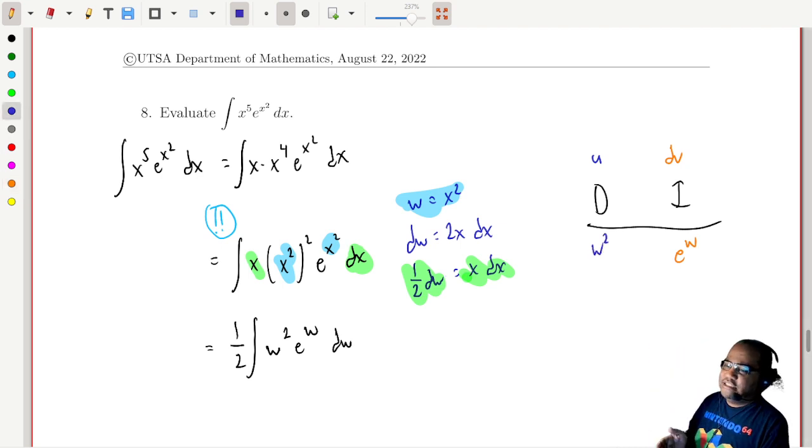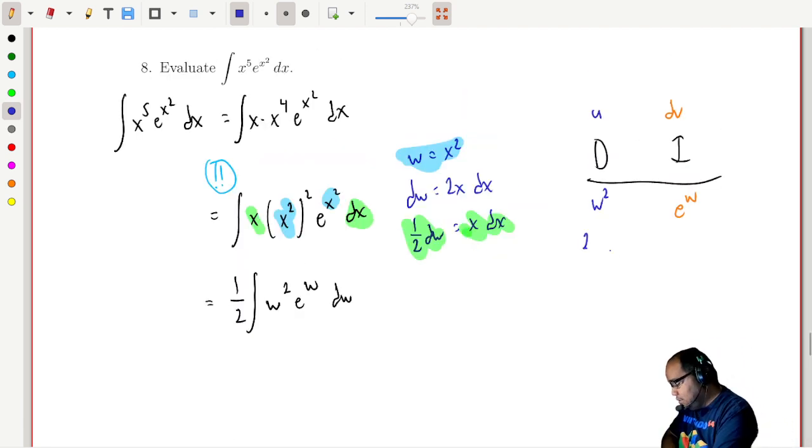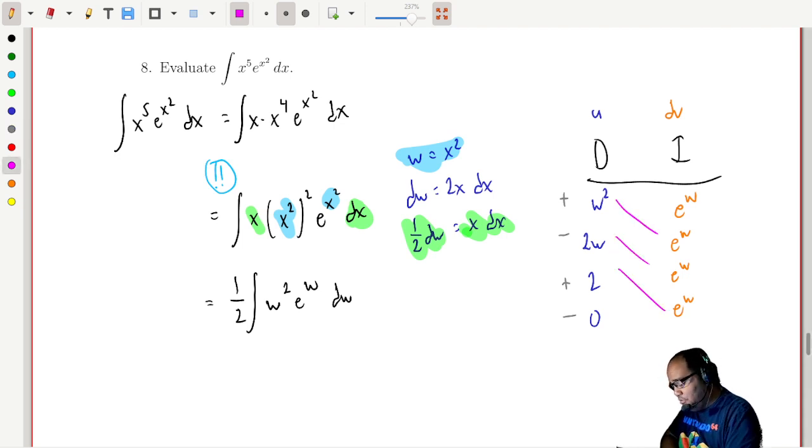Differentiate in the D column until it vanishes: 2w, 2, 0. Integrate as many times here. Thankfully, we're integrating e to the w, so that's easy. Get your signs in order: plus, minus, plus, minus. And now, tic-tac-toe.